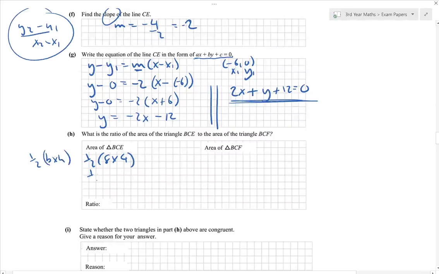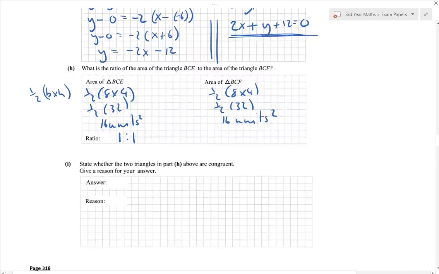So that's half of 32, which gives me 16 units squared. The same for this one. So the triangles have the same area, so the ratio of their areas is 1:1.